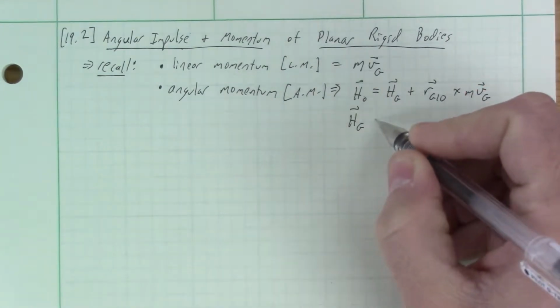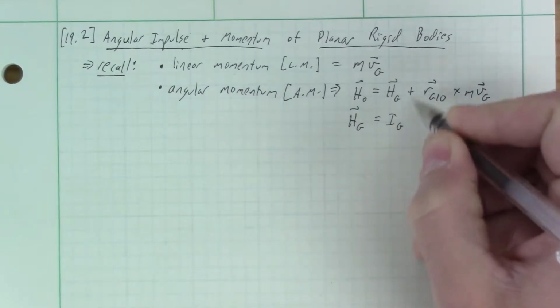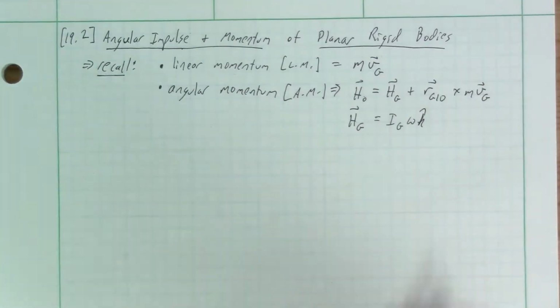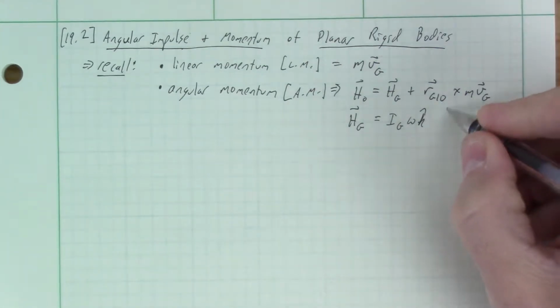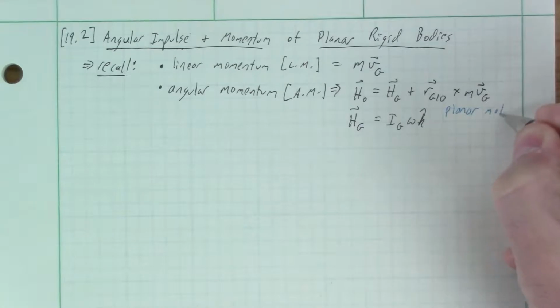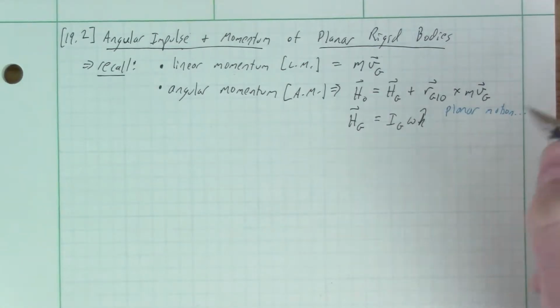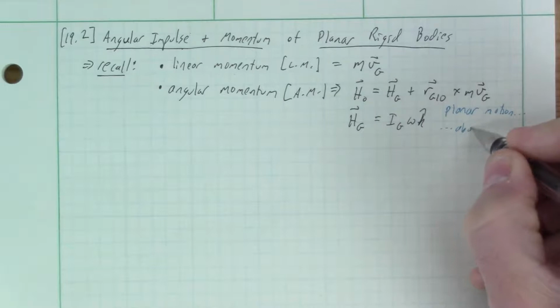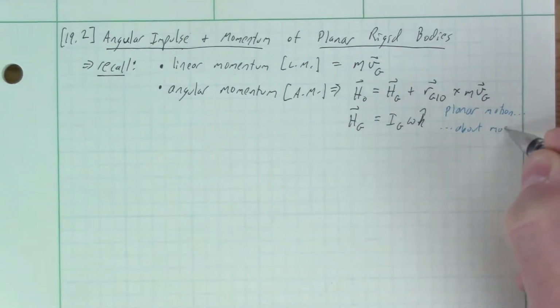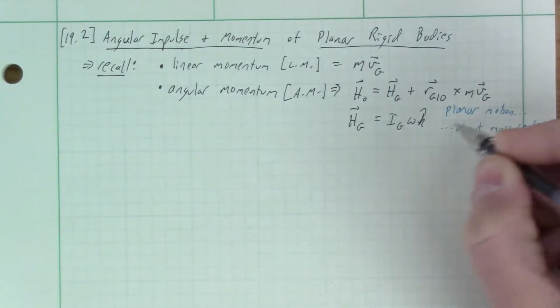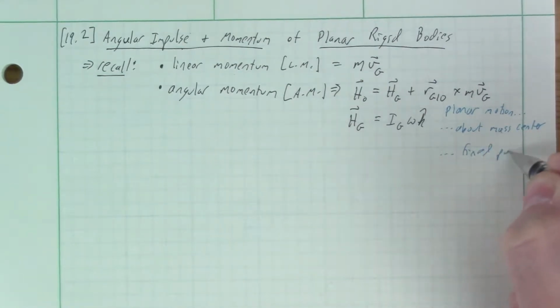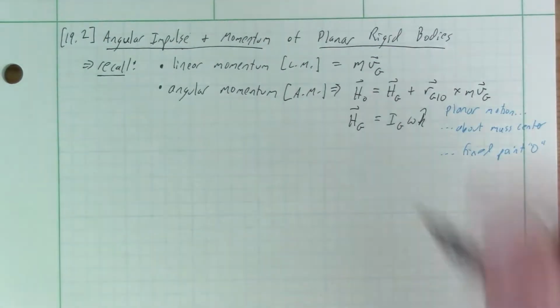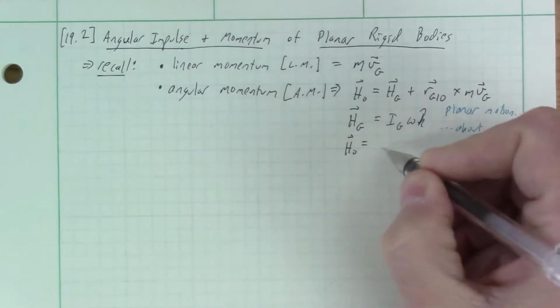So one of these special cases was this. We actually have two special cases, with planar motion for both of what follows. This one here is about the mass center, and then the one below it is about a fixed point O, and that looks like this.